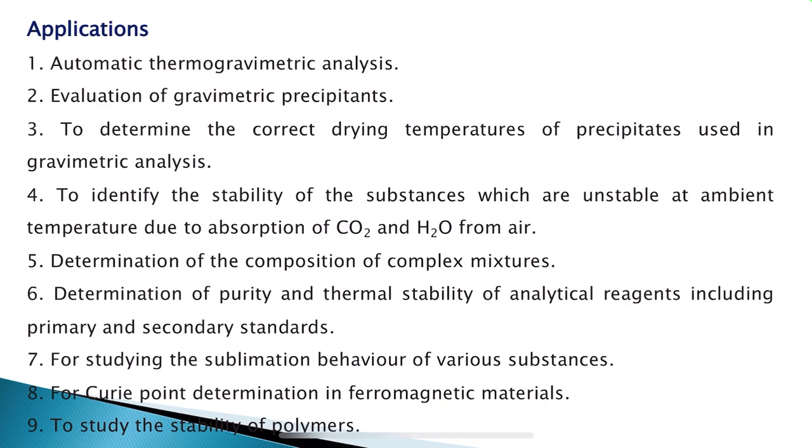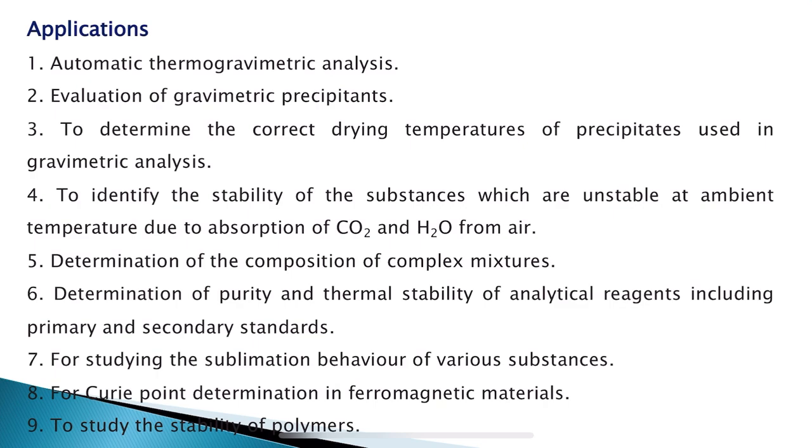And next is to determine the Curie point in ferromagnetic materials. So, what is meant by Curie point? It is the temperature above which certain materials lose their permanent magnetic properties to be replaced by induced magnetism. Certain compounds will have permanent magnetic properties.